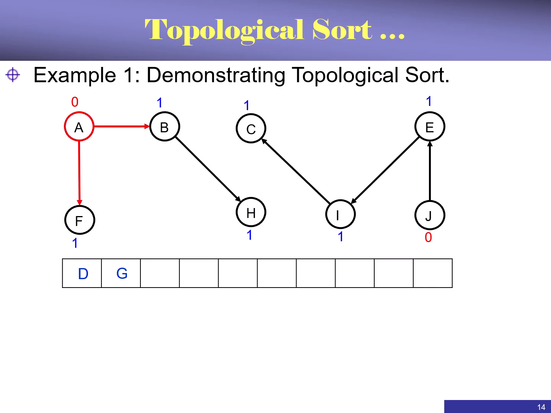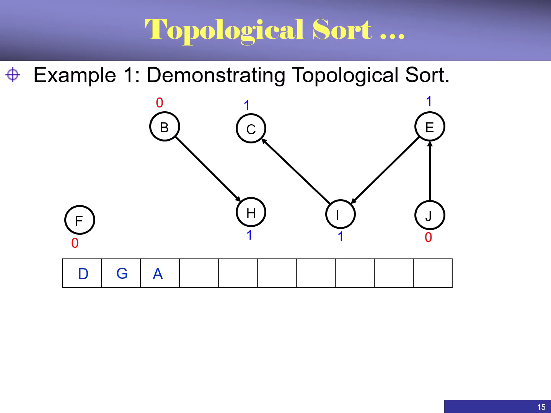We recalculated the in-degree of the remaining vertices, because we removed edges. Now we have two, A and J, in alphabetical order. So A comes first. Put it in the sorted list and then remove the vertex with the edges and recalculate.